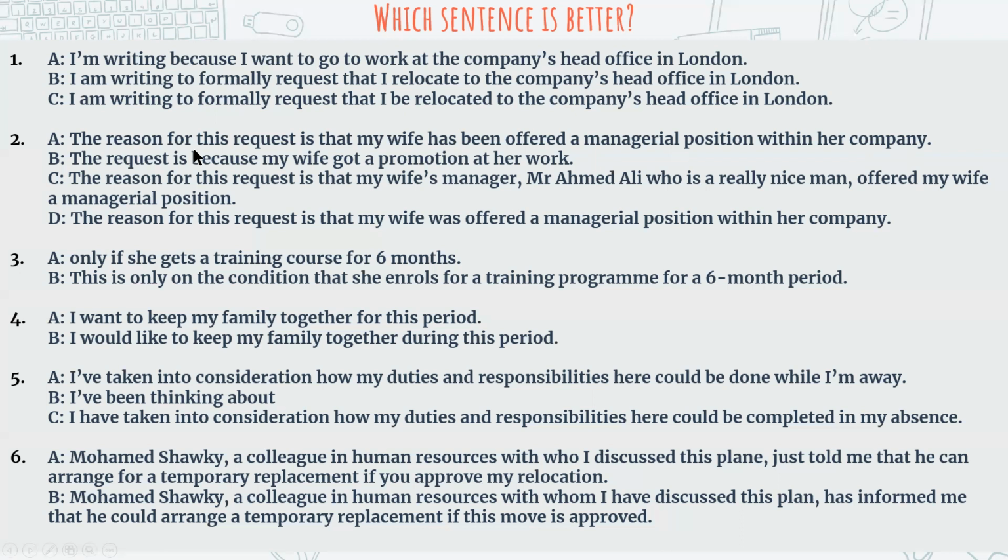Okay. The second one, the request is because my wife got a promotion at her work. Actually, this sentence uses the past simple tense, got a promotion, and we're not talking about something that has nothing to do with the present time. Actually, we are talking about something that's related to the present time. So I have to use the present perfect simple. Okay. So we will cross out B.